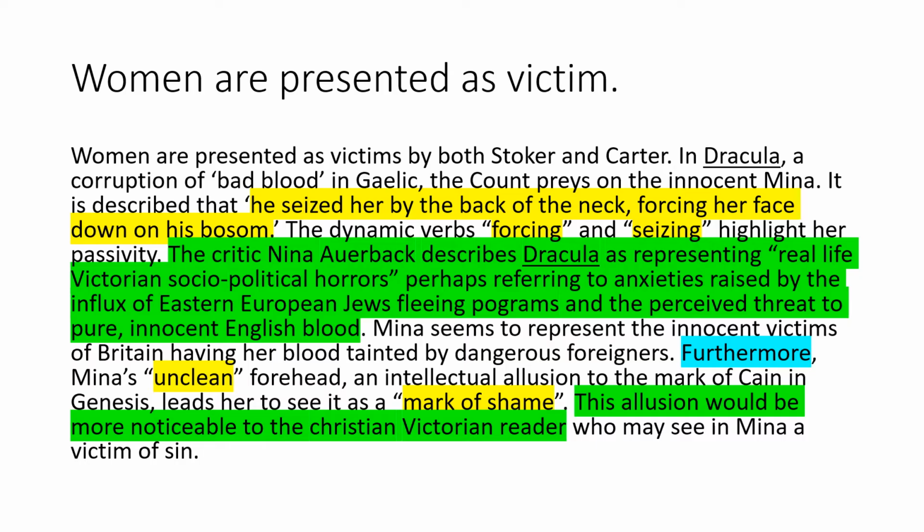Now, here, Orley brings in a critic, Nina Auerbach, to relate Mina's experience to that perhaps of the anxieties of late 19th century Britain and the influx of immigrants. And she sees Mina as in some way representing the innocence of Britain being tainted, or perceived to be tainted, by these dangerous foreigners. So we've got a nice, interesting contextual element here. And she goes further than just saying the anxieties of immigrants.